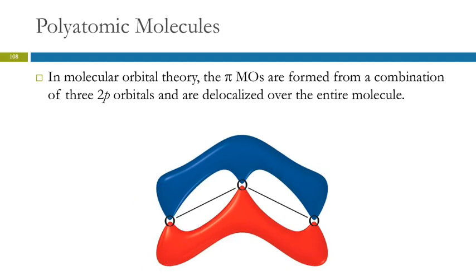So that's sort of the half bond, and then there's a regular bond here. Does that make sense? Instead of an orbital that's just localized between 2 atoms, this is an orbital that's delocalized. It's over the entire molecule. And so we can explain some of these resonance structures using molecular orbital theory.